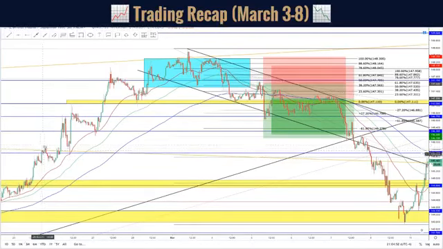So we have this high right here, this pullback, a low, and then a high which was higher than this one here. So a higher high, and when it came to pull back, this low was higher than this one. It did this a couple of times until it consolidated right here in blue in the rectangle that you see.